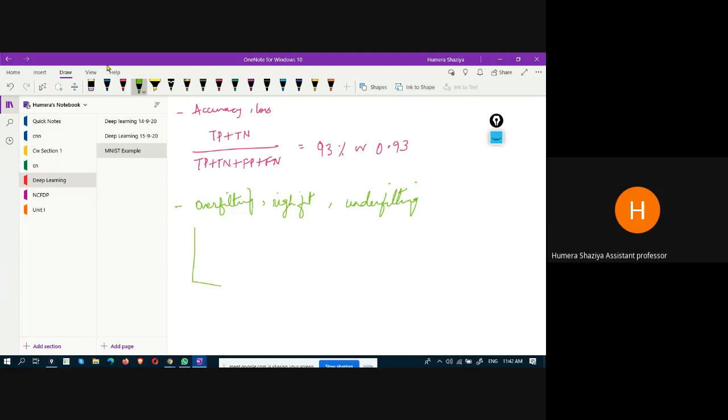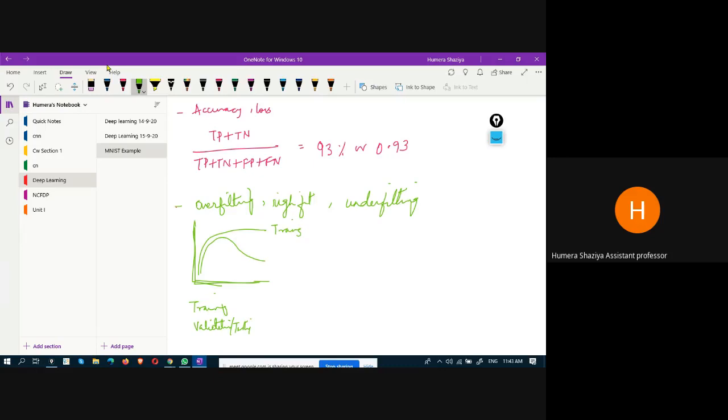When you get accuracy of training and you get accuracy of validation or testing, if the accuracy of training is improving like this, and the accuracy of validation was improving and then diverging, then you see this is good accuracy for training.